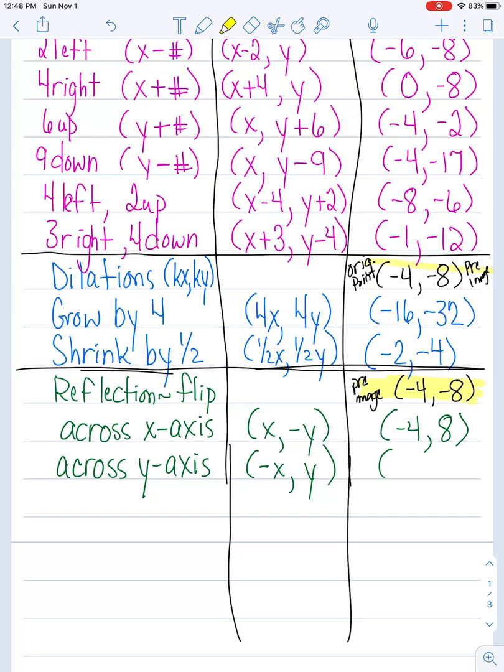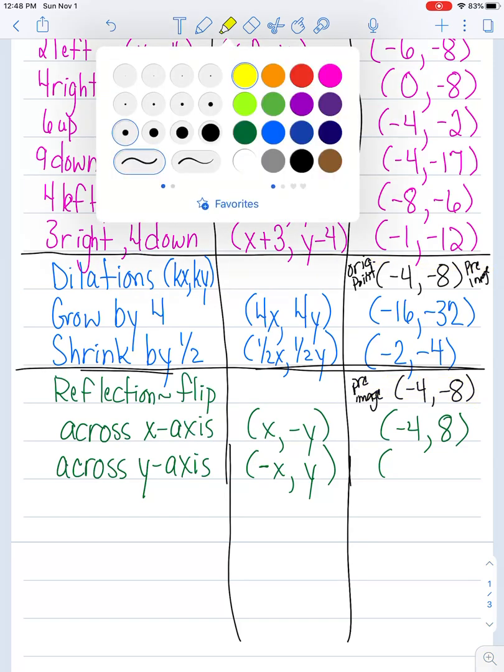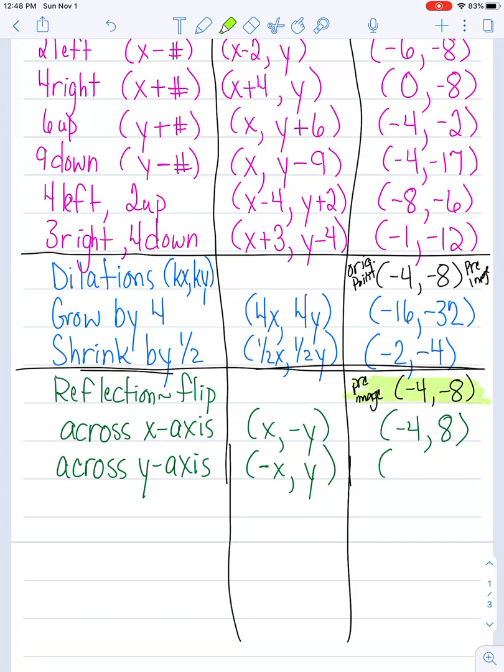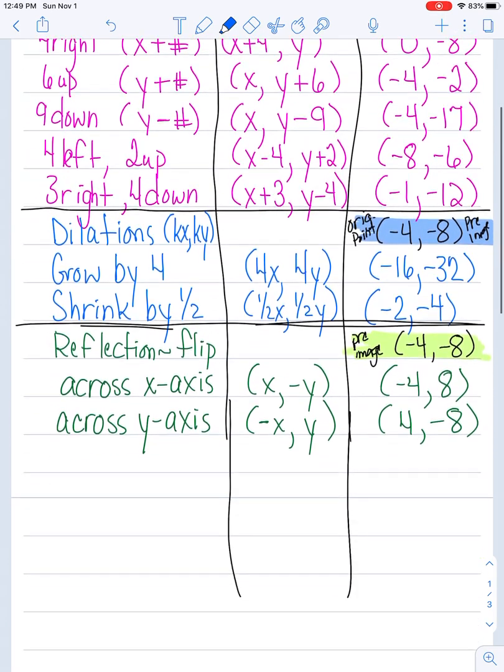That's what I'm using to start with. -4, -8. So to reflect that across the y-axis, I change the sign of the first number. So -4 becomes +4. And it says just write whatever y is. So leave the -8 alone. So that's how I switch or reflect those. Let me go back and highlight this just to make it easier. So that's my starting point, and then that's where I go.